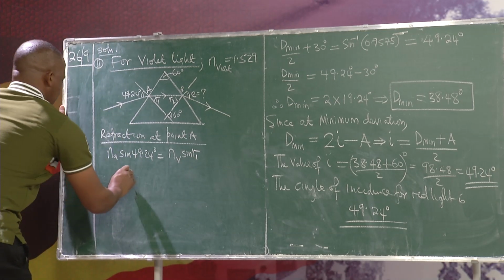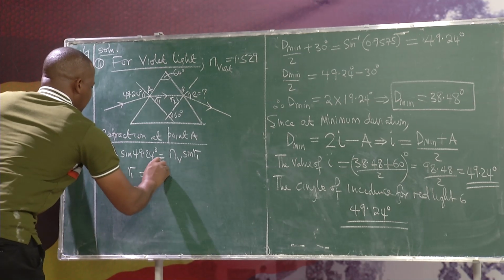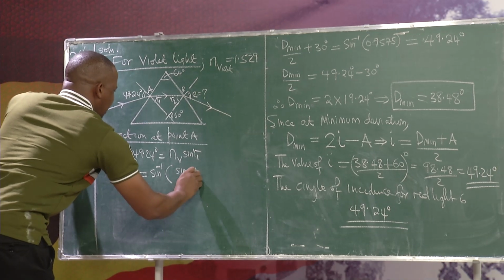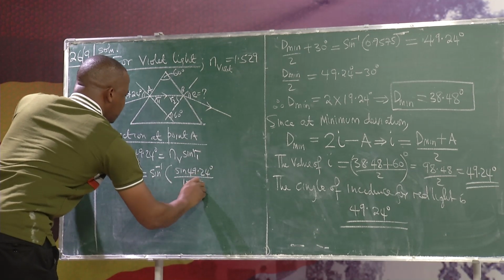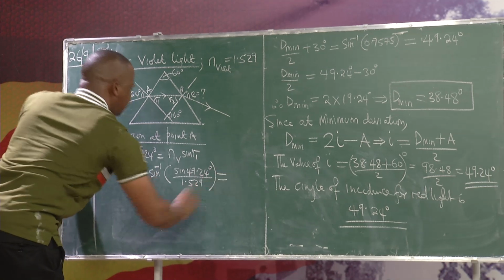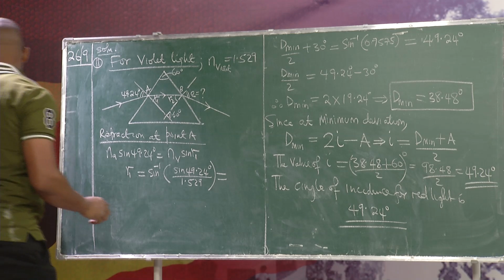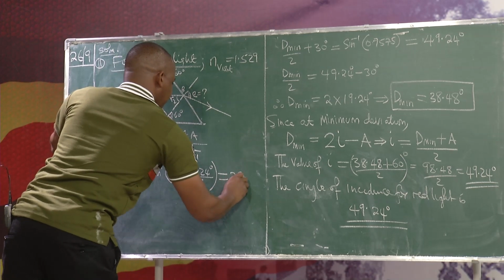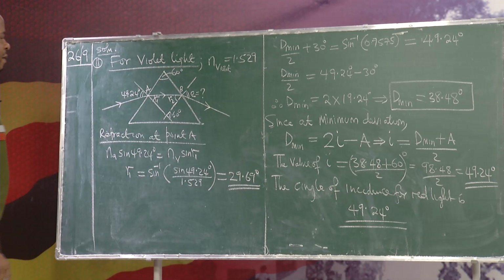And since our interest is R1, R1 will become the arcsine of the sine of 49.24 degrees divided by 1.529. If you compute that, it should give you R1 approximately as 29.69 degrees.